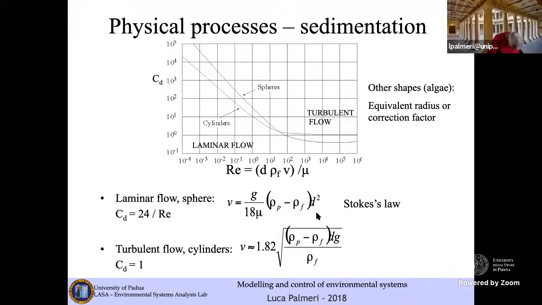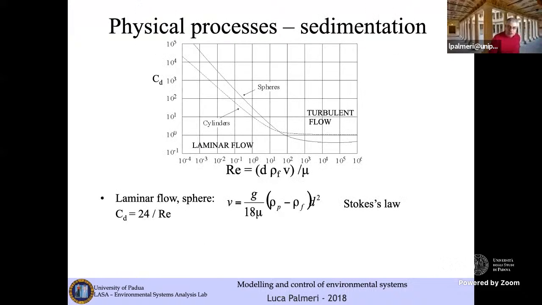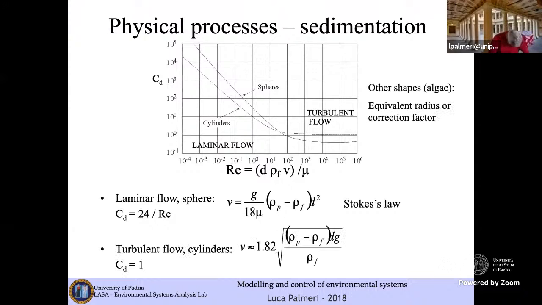Please note that all these descriptions are obtained from the first law of Newton applied to a single particle suspended in a fluid. I remind you that the assumption is that of a diluted fluid and non-aggregating, non-interacting particles.